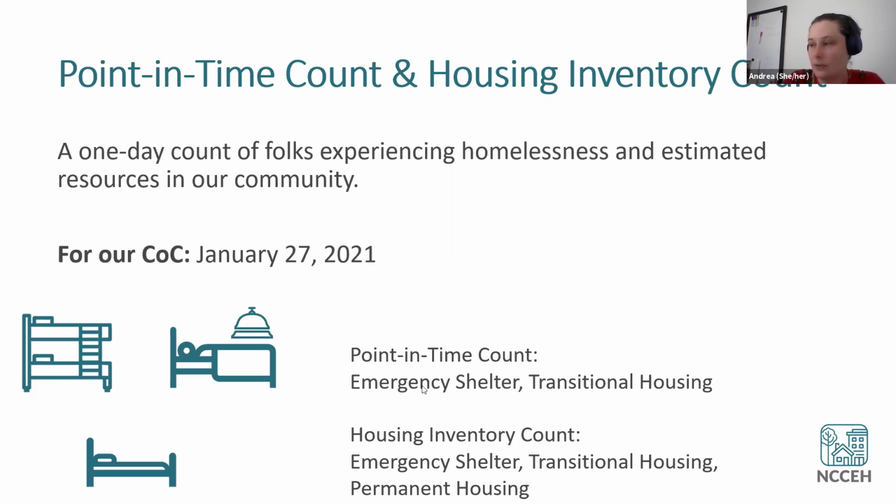The point in time count is really focusing on the emergency shelter and transitional housing folks that you all were serving on that night. This year we did not do the unsheltered count for the balance of state given the pandemic difficulties. The housing inventory count, just as a reminder, is our core set of project types: emergency shelter, transitional housing, and permanent housing projects, both rapid rehousing and permanent supportive housing.